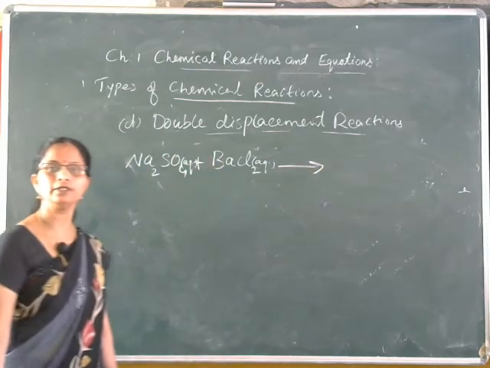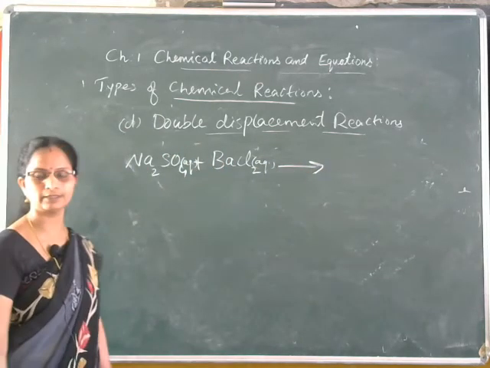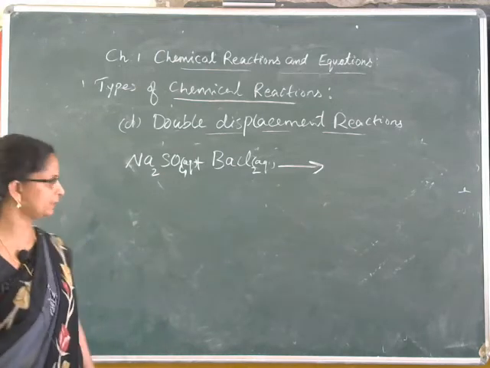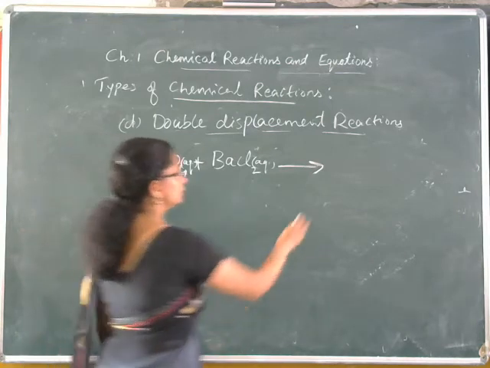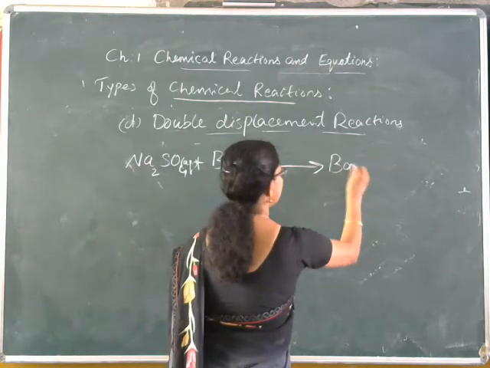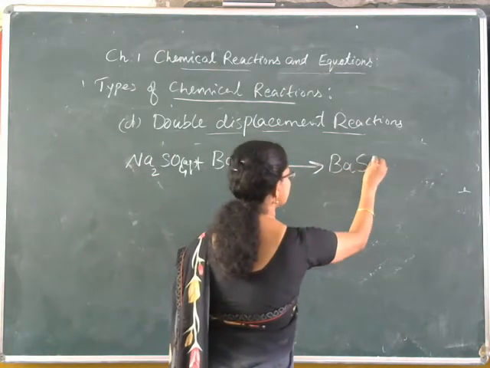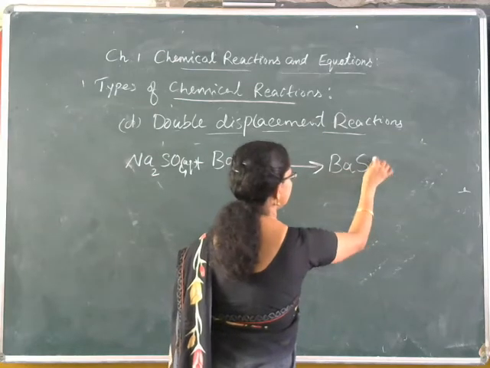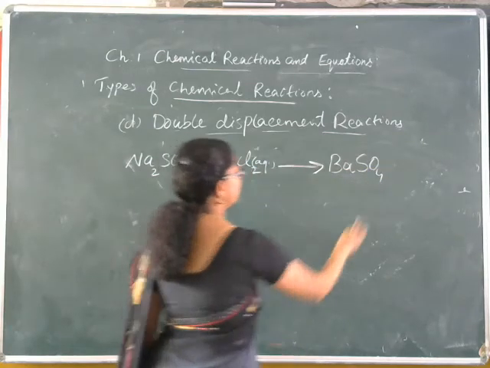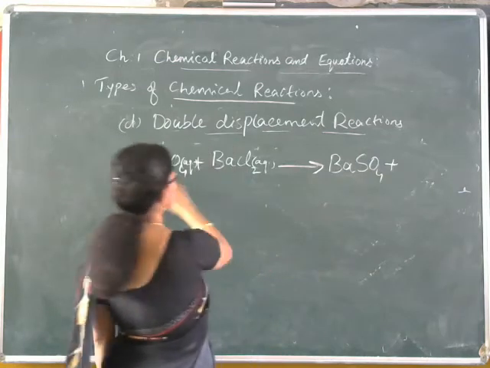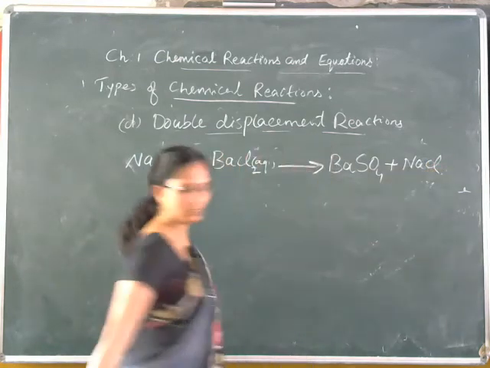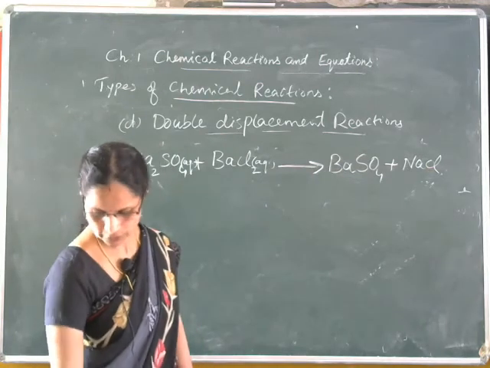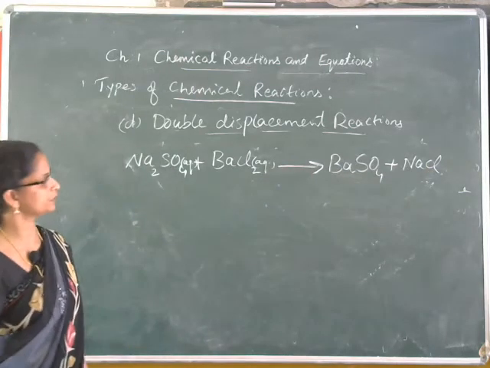Again here the rearrangement, exchange of cations and anions takes place, and as a result the substance produced is a white colored insoluble precipitate, that is barium sulfate, BaSO4, and sodium combines with chlorine to form NaCl. BaSO4 and sodium chloride are the products formed here.